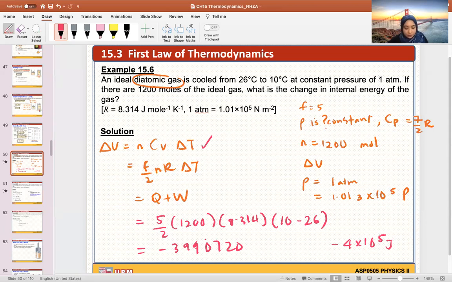Oh, sorry, I typed one extra digit. Now it's correct: minus 399072. Which is approximately minus 4 times 10 to the 5 joules. So you can use n CV delta T, or you can use the second equation, f over 2 nR delta T. It will give you the same answer.